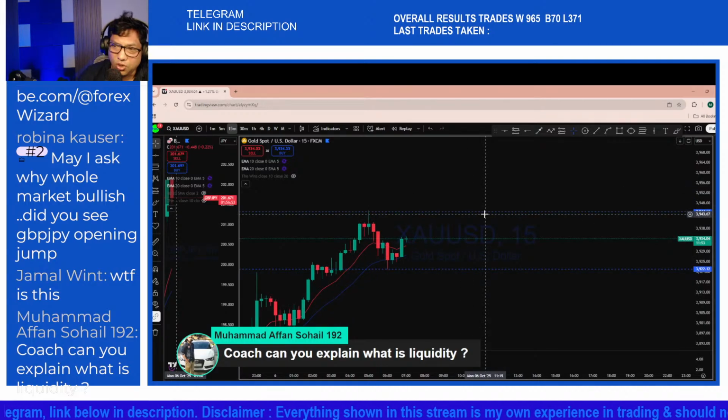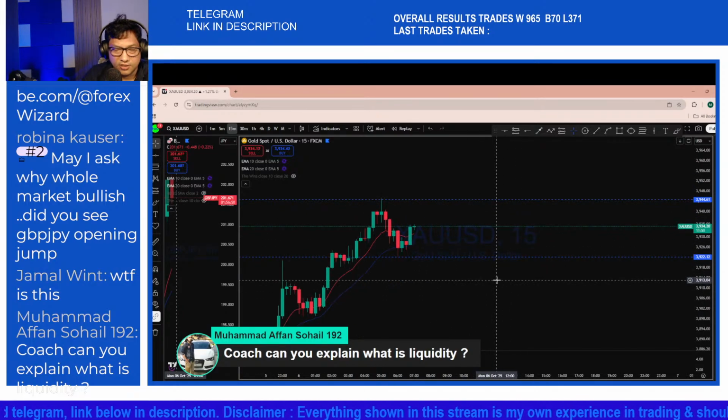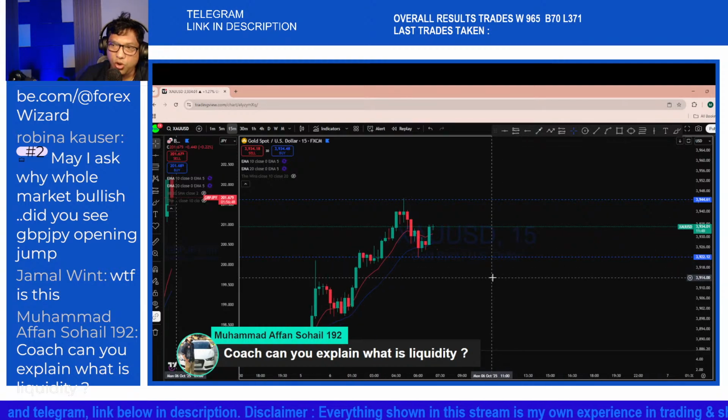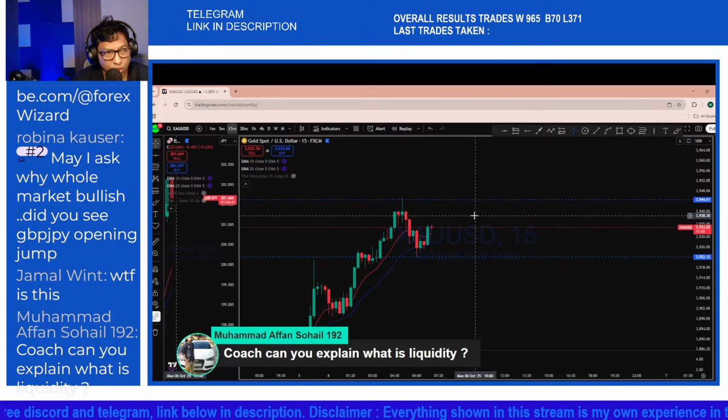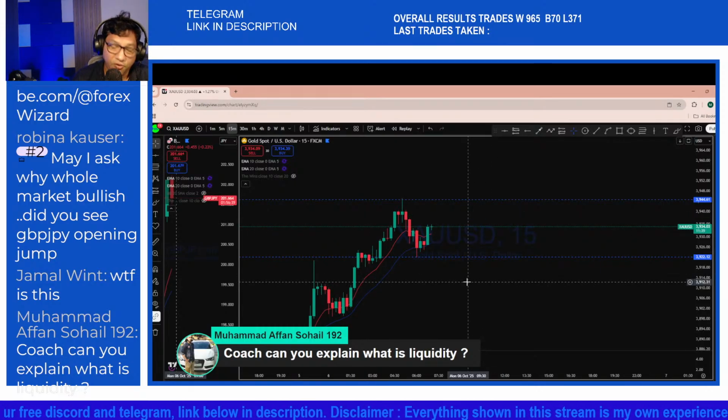Now let's look at that zone in the market. How do you identify the liquidity zone? How do you know when the market is catching liquidity, or when the market is preparing for a bigger move?